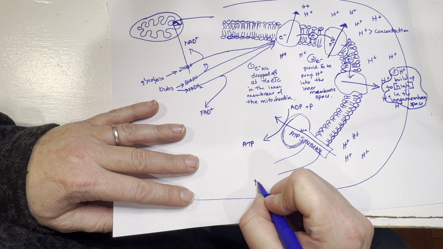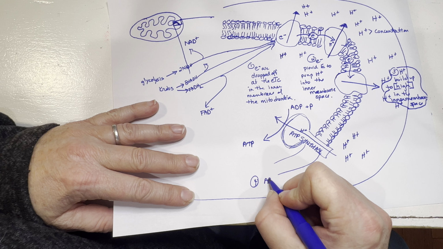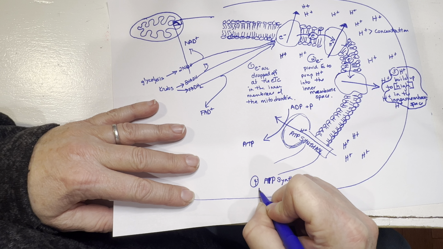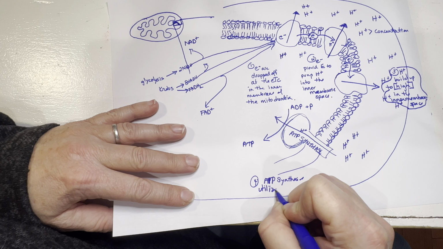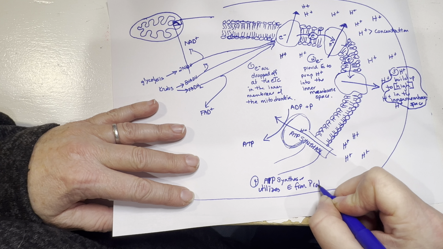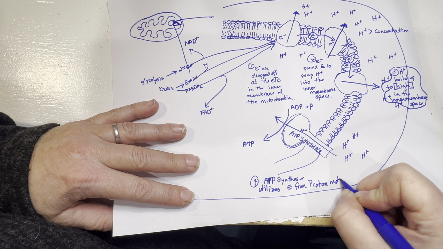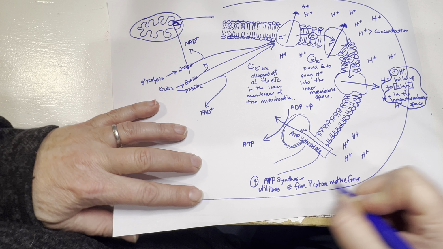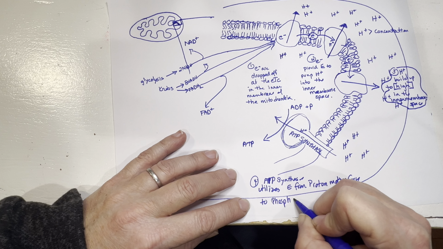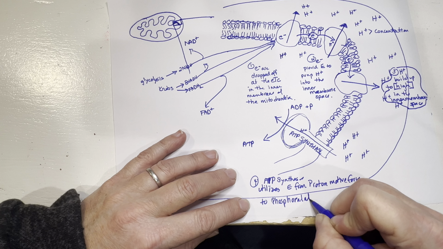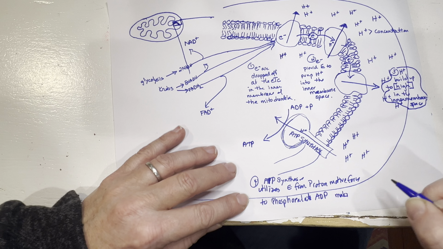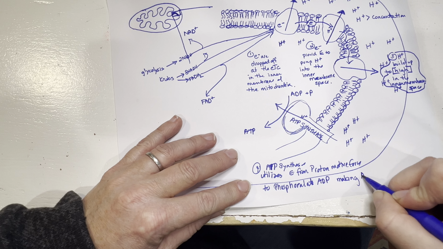So step 4, ATP synthase utilizes the energy from proton motive force to phosphorylate ADP, making ATP.